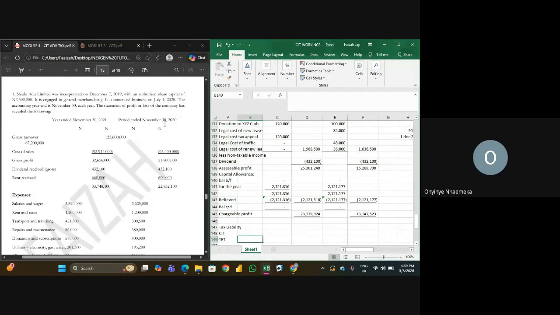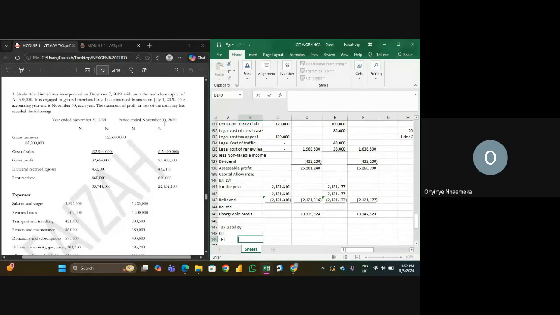Large company. Are you guys sure? Yes, ma'am, based on gross turnover. For the 2 years? No, check. The turnover for the second year does not fall into the large company. It's a small company.